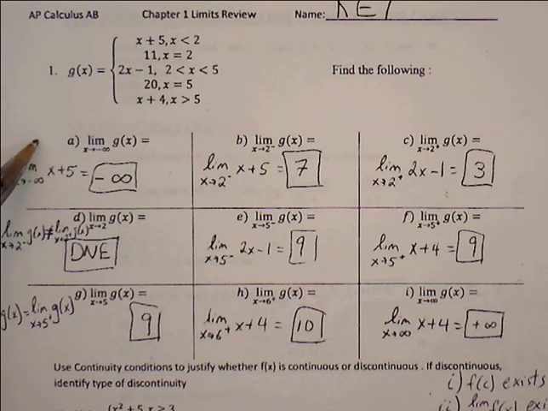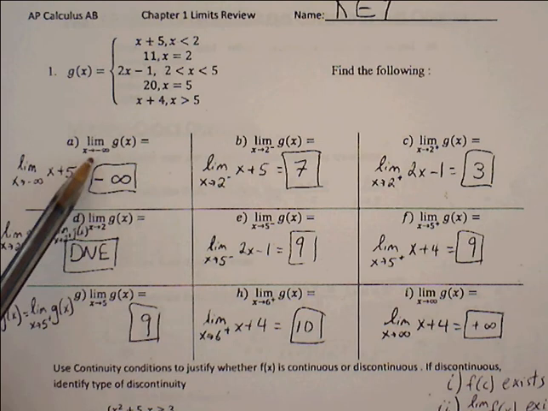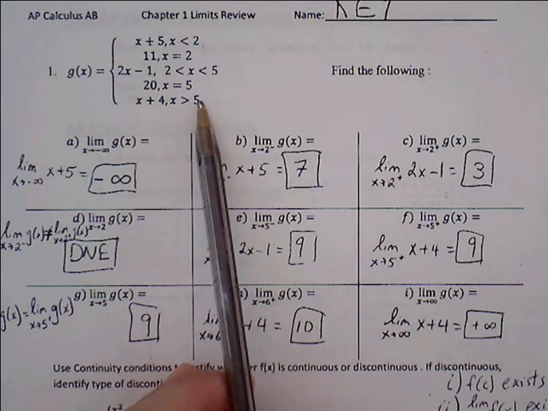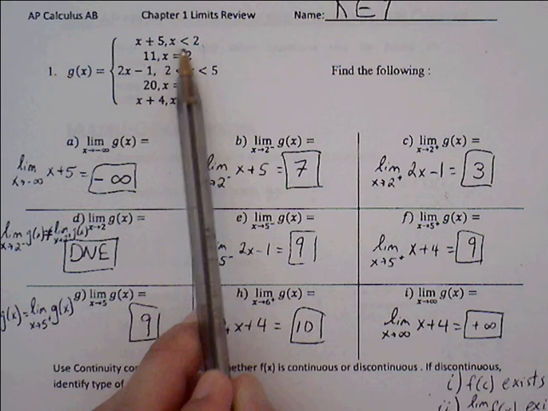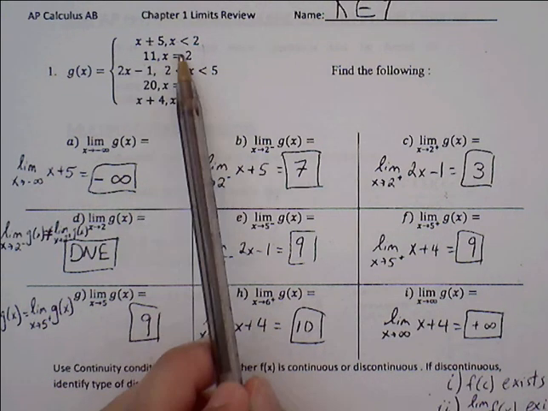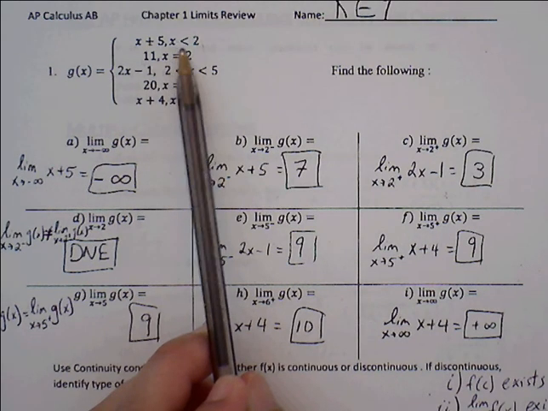So part A says find the limit as x approaches negative infinity for this g of x. So as we approach negative infinity, we want to find the appropriate definition for that. As x approaches negative infinity, that is going to fulfill this condition where x is less than 2.